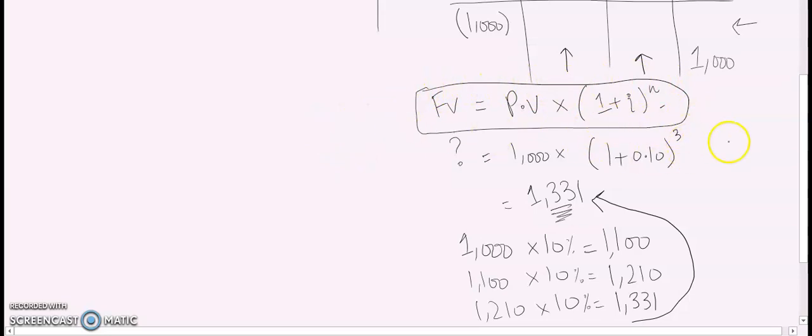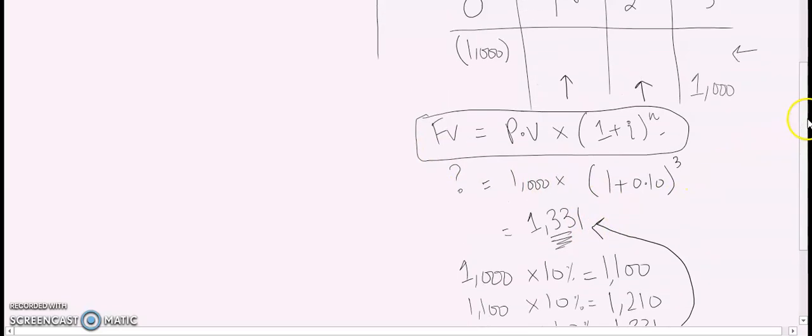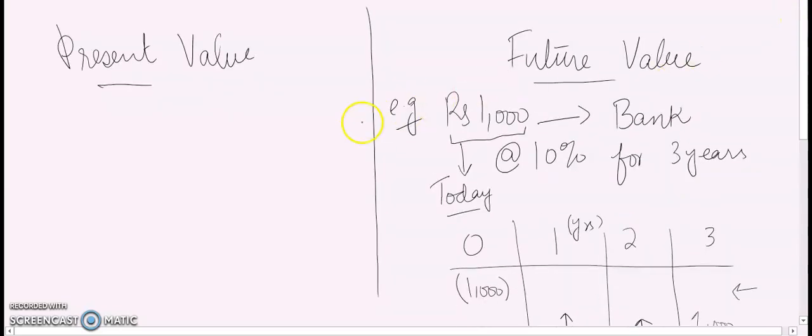Okay, let's get back to the other thing, our present value. Now, we saw that if we want to invest something today and we want to get its future value, you use that formula.